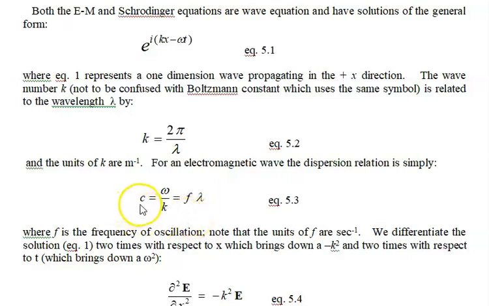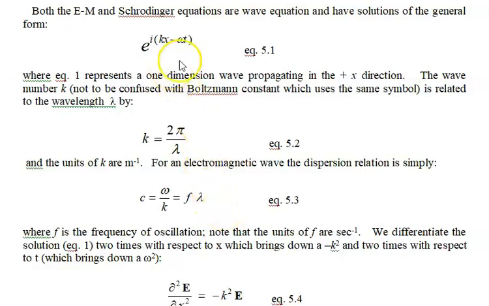The velocity for an electromagnetic wave is the constant c, 300,000 meters per second. The distance is the wavelength, and the frequency is 1 over the period. So c equals f lambda is the basic equation for an electromagnetic wave.